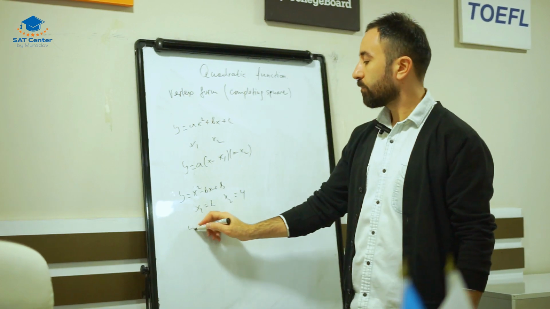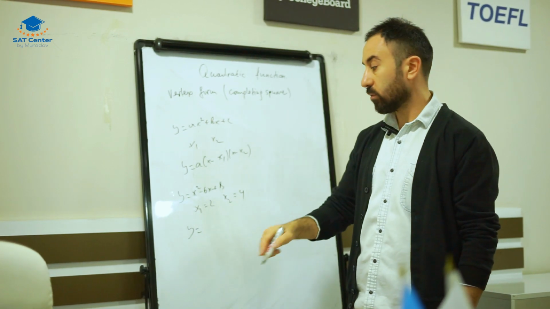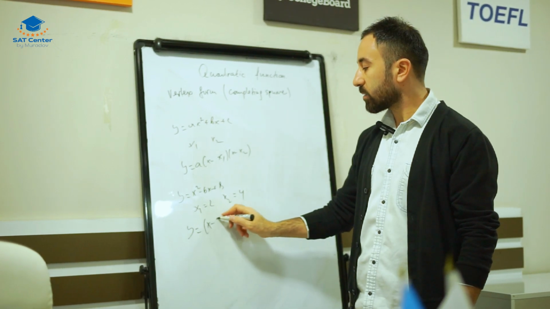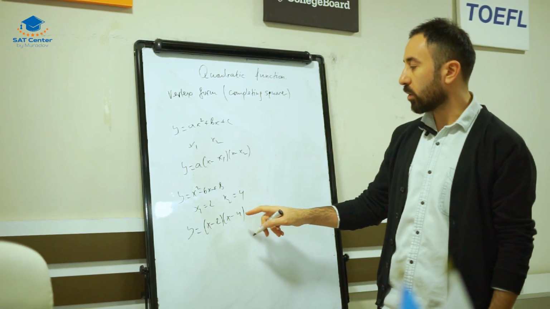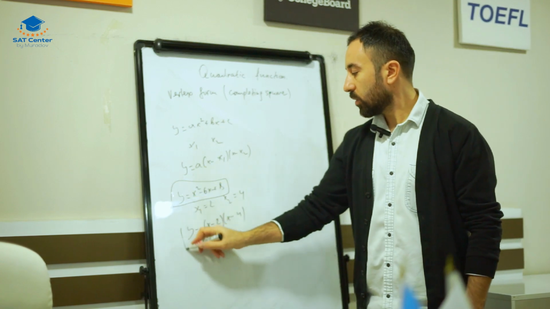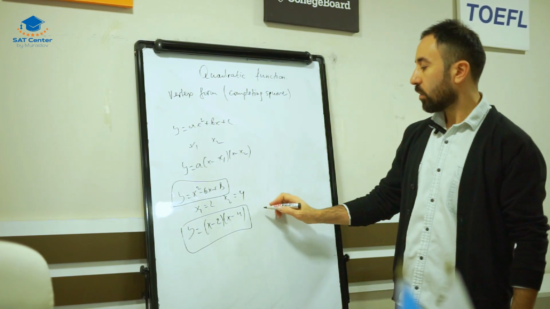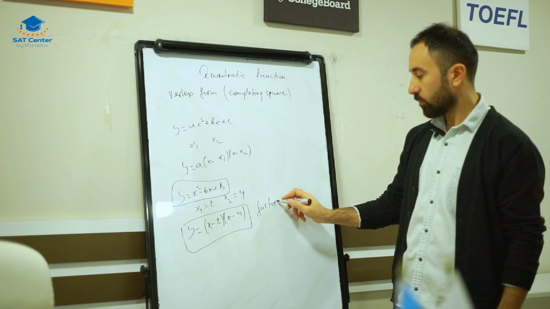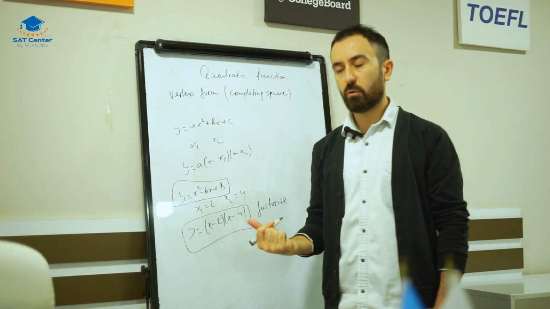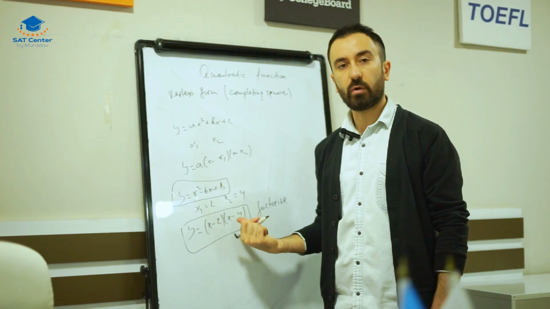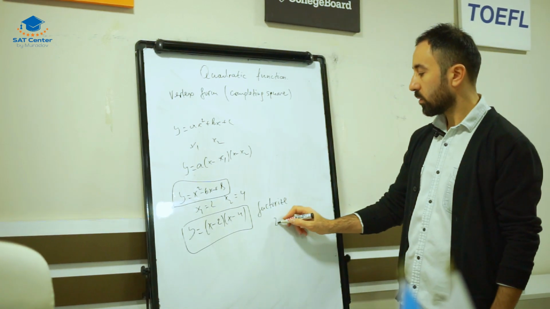In this case, in factorized form, this function is x minus 2, x minus 4, and a is 1. X minus 2, x minus 4 is the general form function. This is the same function in factorized form. What does it represent? Factorized form represents 2 and 4, the x-intercepts.